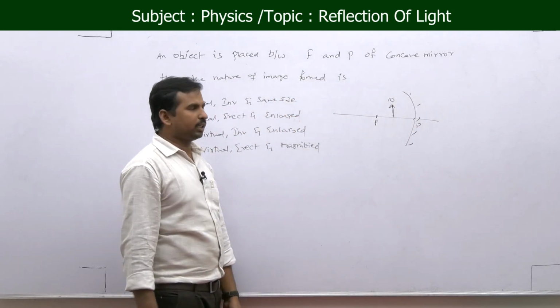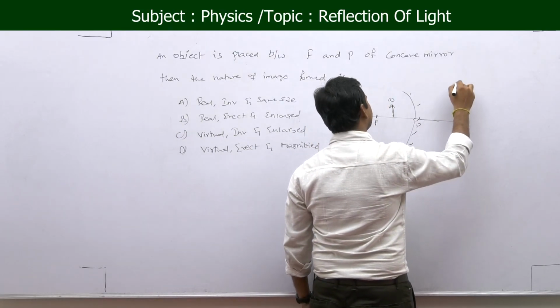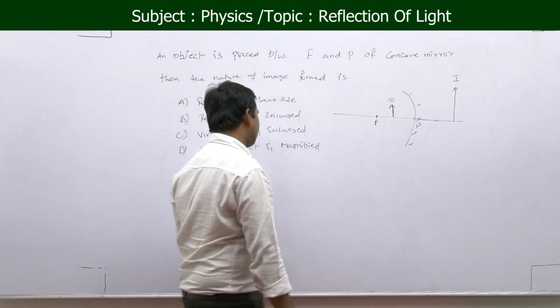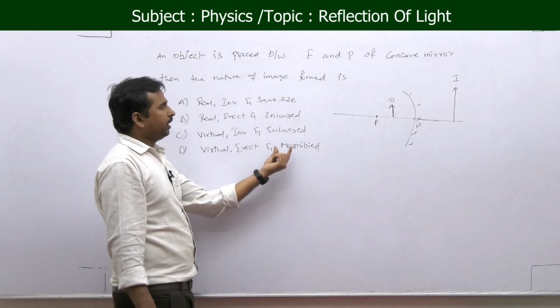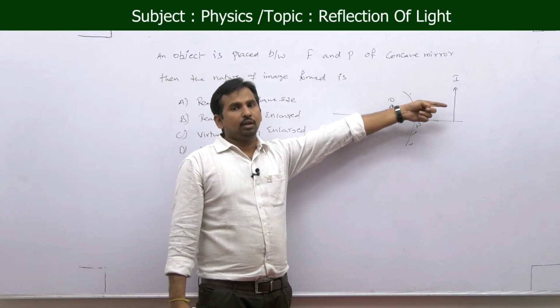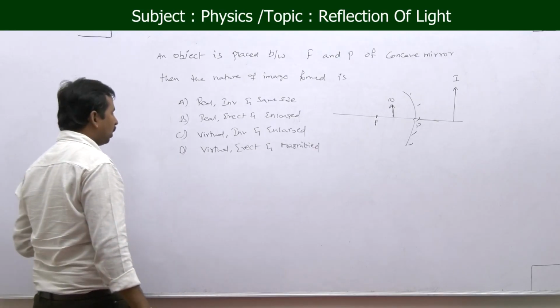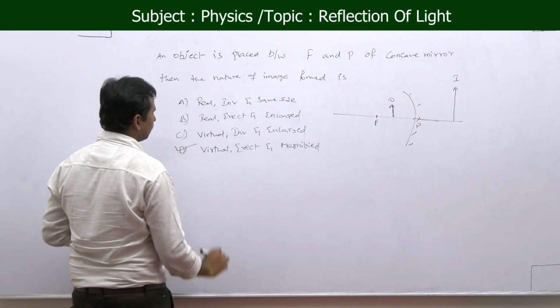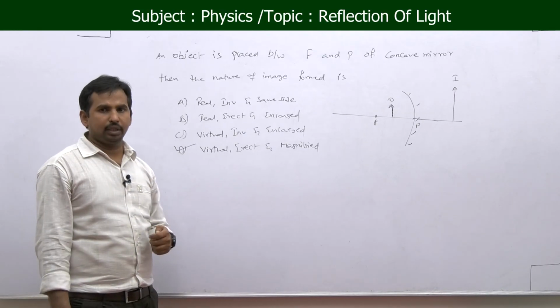Then the image formed is behind the mirror, and here we get the image like this. As it is virtual and behind the mirror, it is erect, and not only that, the image formed is a magnified image. So in the given options, option D is correct, which is virtual, erect and magnified.